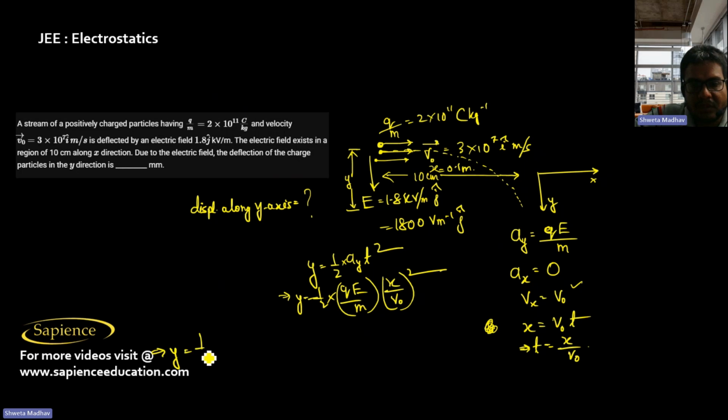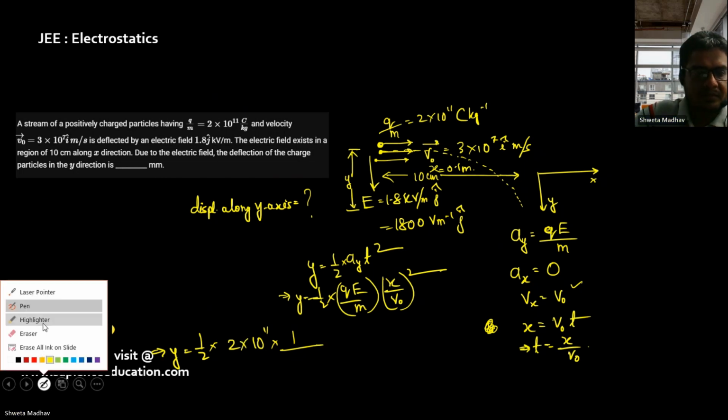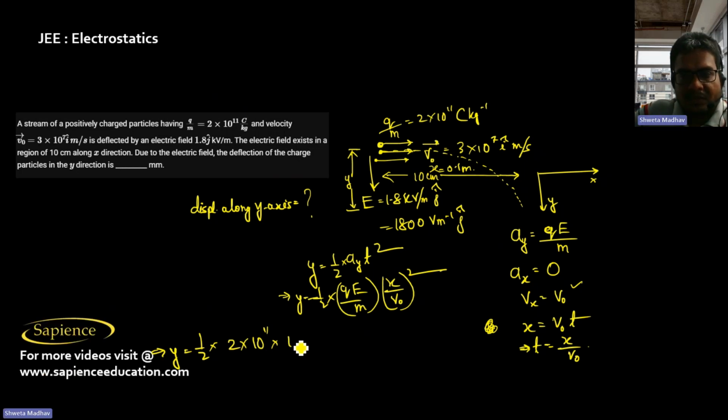So y will be equal to half of the q by m value that has been told, 2 into 10 power 11 coulomb per kg, into E, the electric field, that is 1800, into x is 0.1 by v naught, v naught is 3 into 10 power 7, and its whole square.